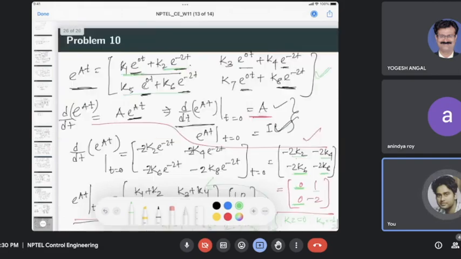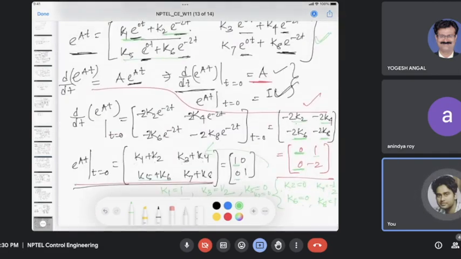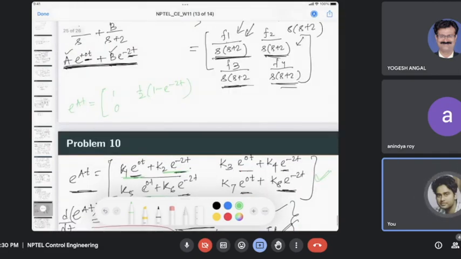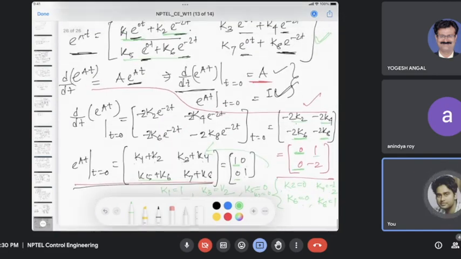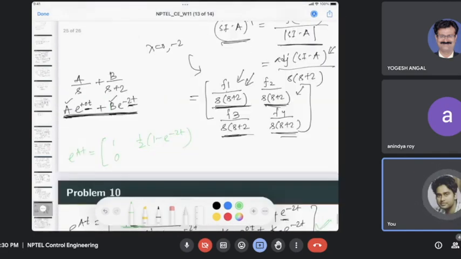This term, k5 is 0 and k6 also 0, so this is 0. k7 is 0 but k8 is equal to 1, so we have e to the power minus 2t. So you see that we also get the same result.